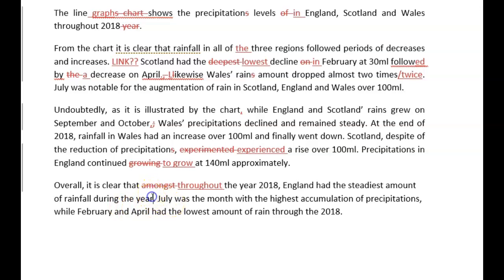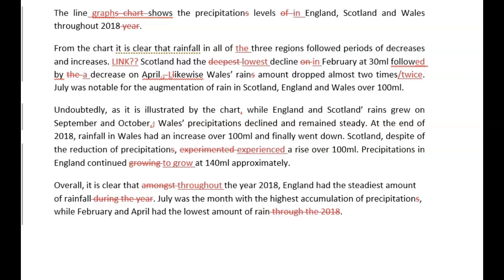You are repeating yourself because you already said throughout the year, right? July was the month with the highest accumulation of precipitation, while February and April had the lowest amount of rain. And again, you don't need this, and you would save yourself some words.